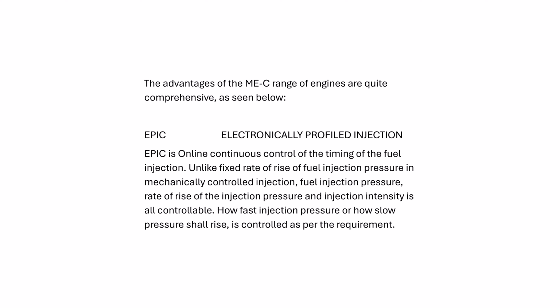How fast or how slow the injection pressure shall rise is controlled. So we call it electronically profiled. Unlike a CAM profile, which once designed remains forever, here you can change the profile as if you are using a CAM, as per your wishes.